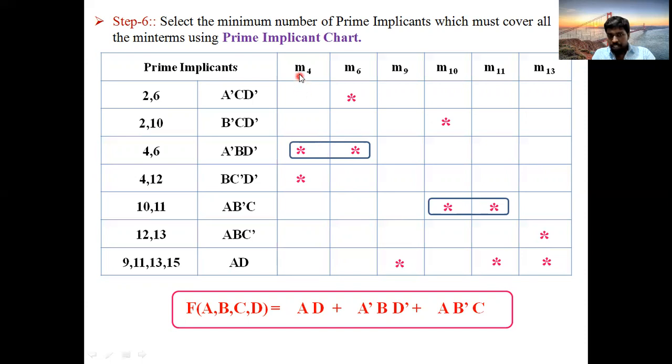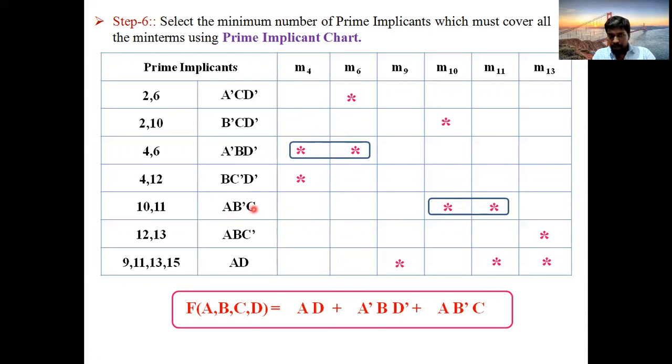Because the answer of M4 is this one, the answer of M6 is also this one. So instead of writing two terms, you can write one term in your answer, so that the size of the expression will be reduced. Likewise, instead of selecting this one and this one, if you select this particular term which is common between M10 and M11, it will help us reduce the terms.